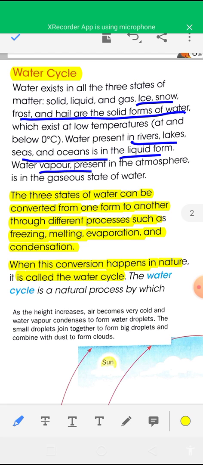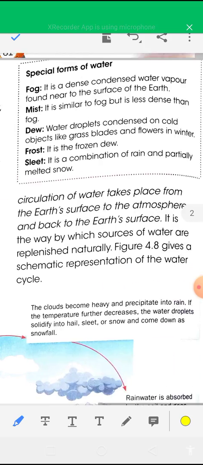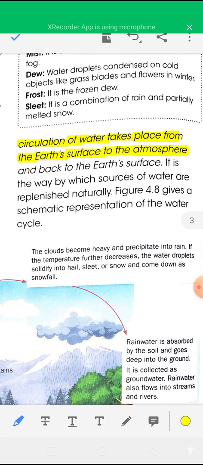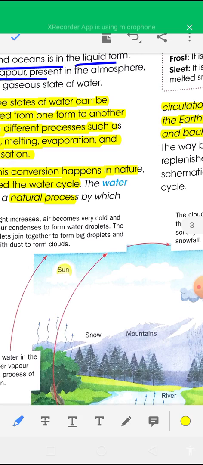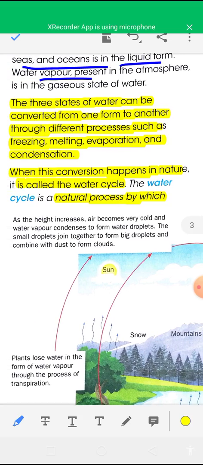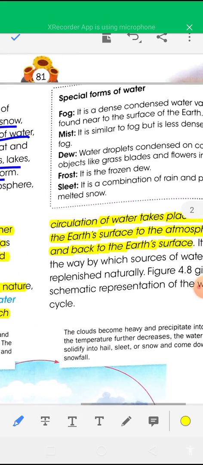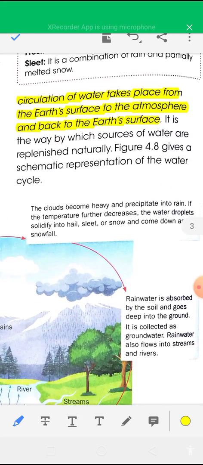So the water cycle is a natural process by which circulation of water takes place from the earth surface to the atmosphere and back to the earth surface.